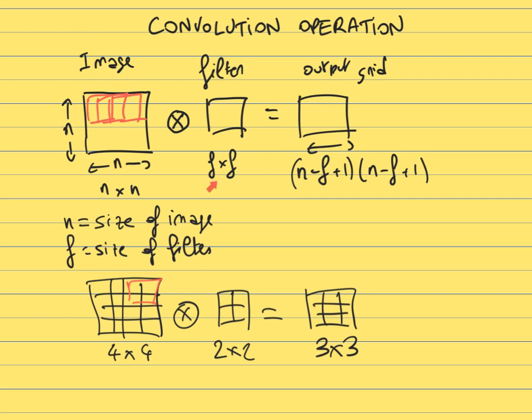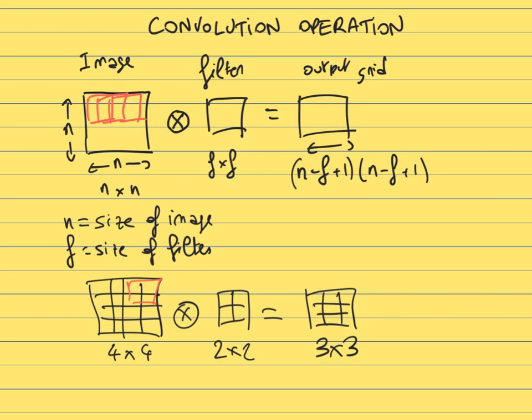And if the filter becomes exactly the same size as the image, if f is equal to n, then there is only one possibility where the filter takes the entire space and covers the entire image. In this case, n minus f would be equal to 0, so you would just get a 1-by-1 output, because there is only one way to put the filter. And in general, the more the image is larger than the filter, the larger the output generated by this operation will be.